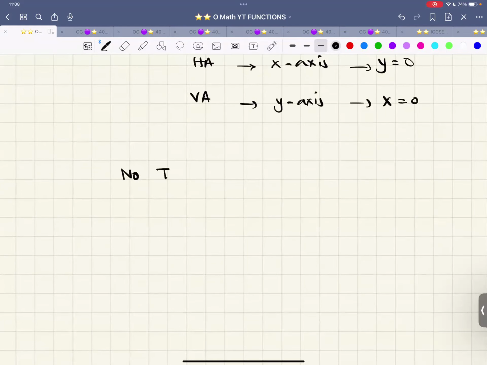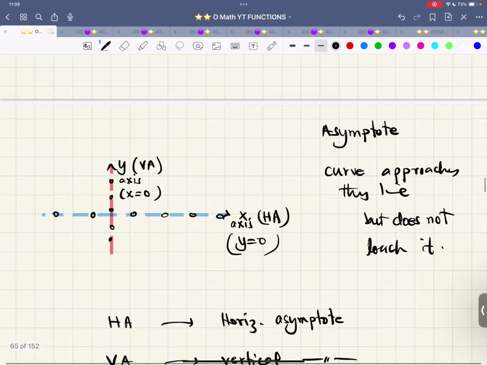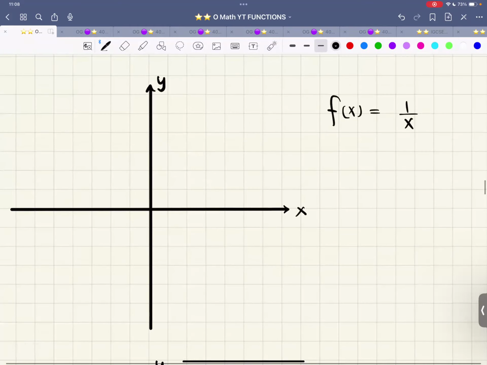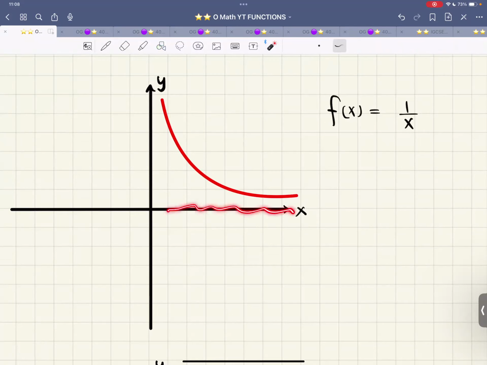There are no turning points in the reciprocal graph, y is equals to k over x, as there were in quadratics, and there will be in cubic. So now that is the basic idea. Let's talk about it. f(x) is 1 over x. So let me grab this thing and let me draw the curve like this. That's how it would look like. When x increases, y decreases. When x decreases, y increases.